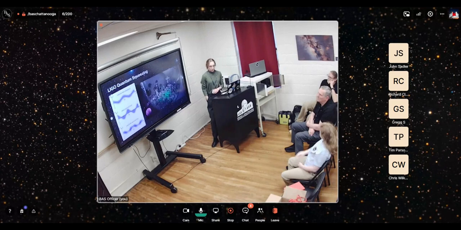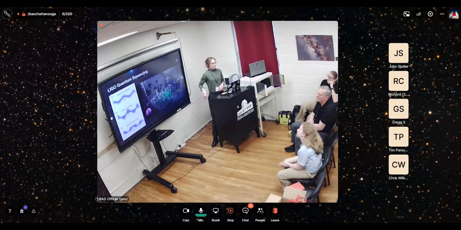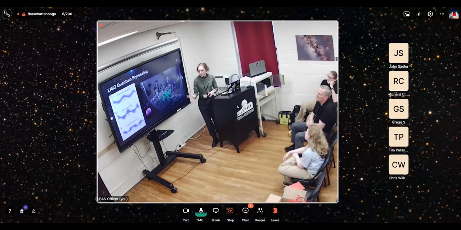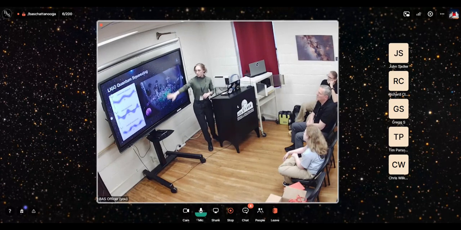And I just wanted to give a few examples of quantum applications that are already in play. So at LIGO, they use what we call quantum squeezing, and this is an actual setup of how they squeeze the light that comes in.